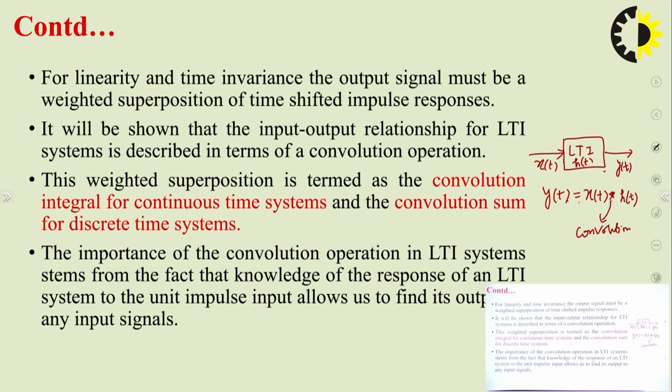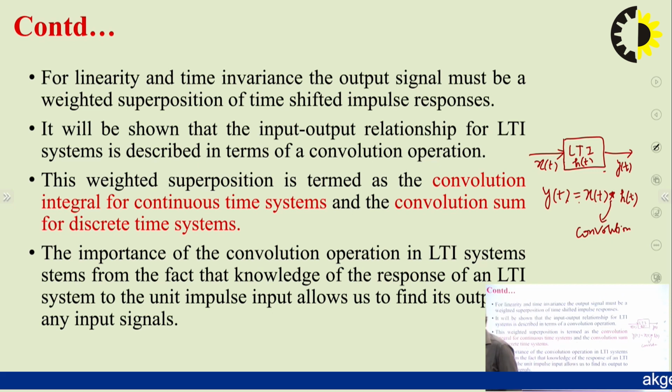The aim of the convolution operation is to find the output of the LTI system for any arbitrary signal. This is applicable to both continuous time and discrete time systems.